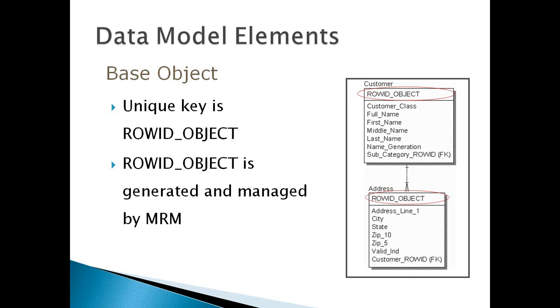Usually this is a rare, not a common term which you will be hearing, but it's good to know that there is an MRM server, an inbuilt part which maintains all this information and the population of the row ID object. For every base object that we create, we'll have a row ID object, and a separate sequence number will be there for each one of them.